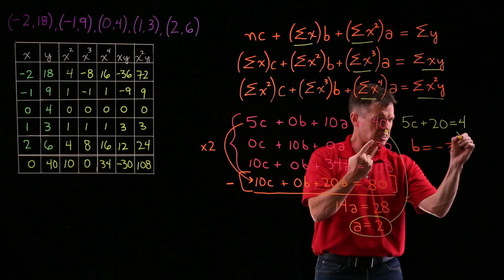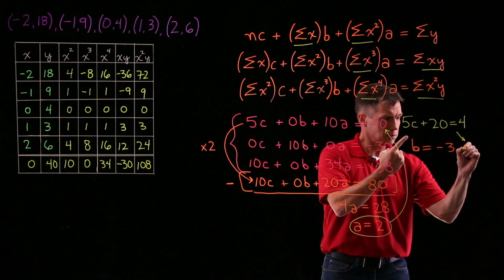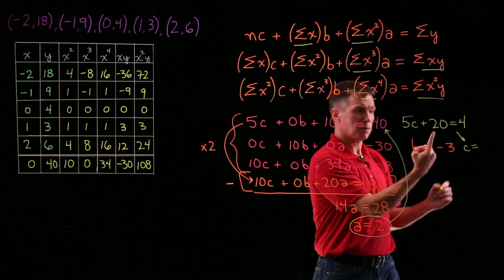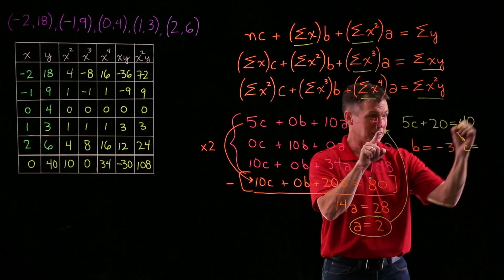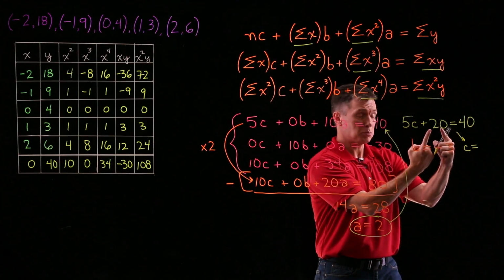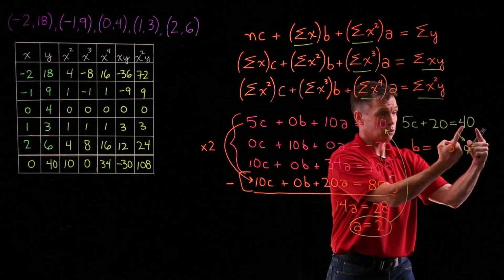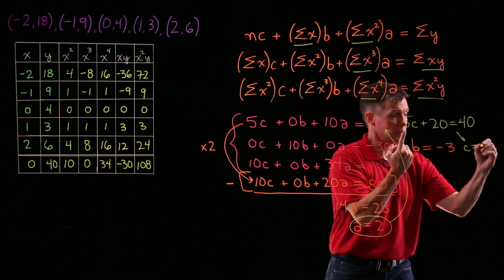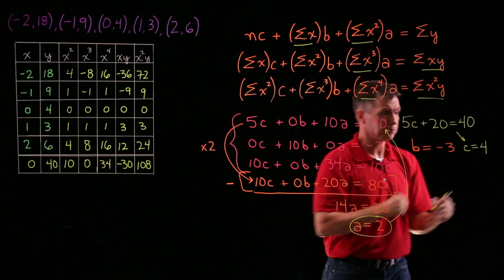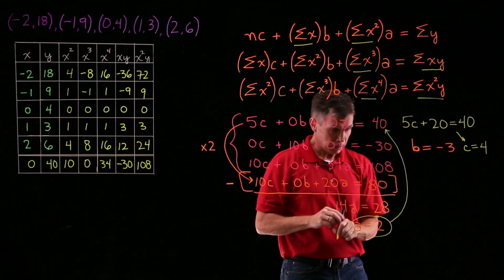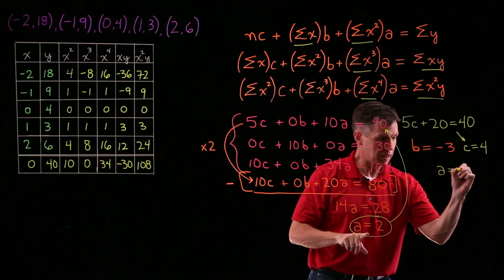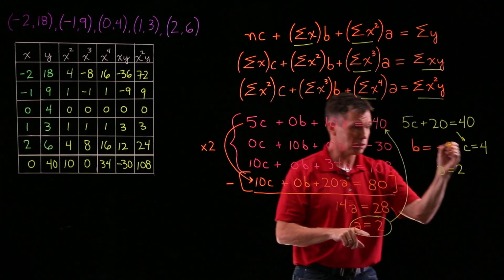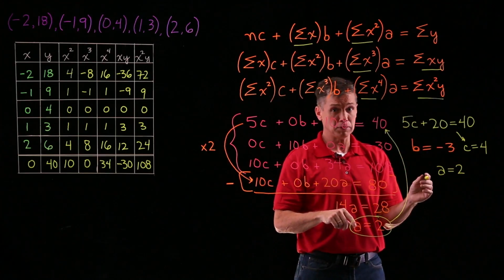So if I slip this way just for a little bit more room, c will equal, oops, I didn't write the 0, that 40 on the other side. So, subtract over the 20, so I'll get 20 and then divide by 5, so I get c equals 4. Okay, and just to keep this together, that was my a value. So these are the three things I was looking for, a, b, and c.